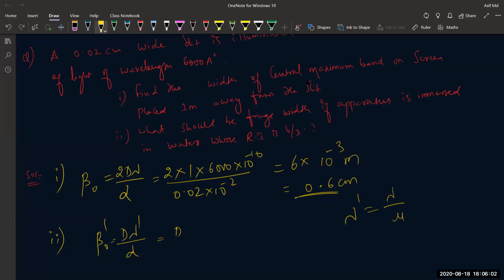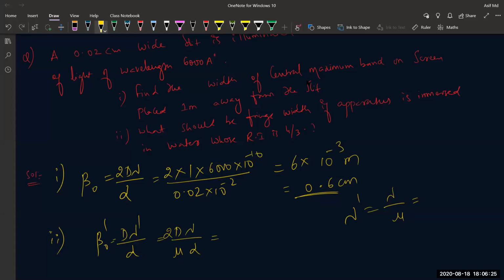I already told you. What wavelength was given in the problem? Lambda dash, so it is 2d into lambda by mu into d. Since nothing was said about central, I'll take the same thing.